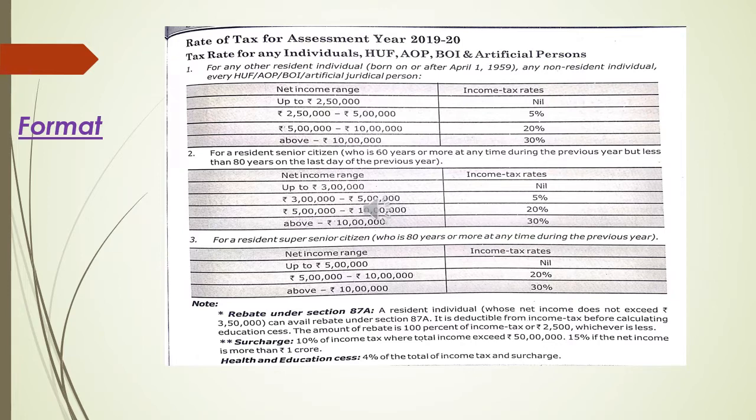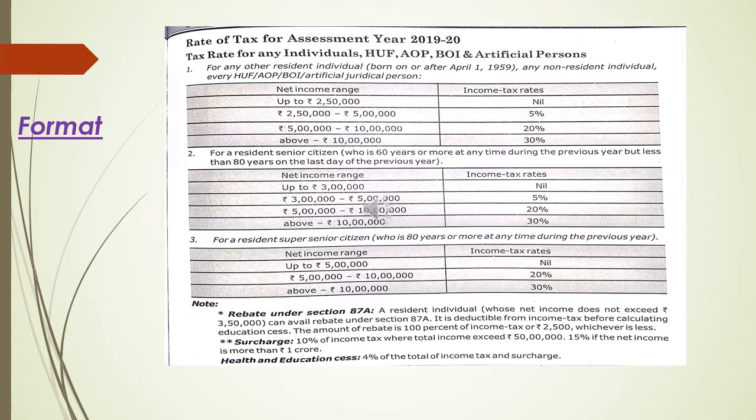Same way, for senior citizens, those who are above the age of 60 years but less than 80 years, up to 3 lakhs there is no tax. 3 lakh to 5 lakh means the 2 lakhs difference amount, 5% they have to pay. How do we calculate normally? 3 to 5 lakhs means 2 lakhs, 5% of 2 lakhs we have to take.